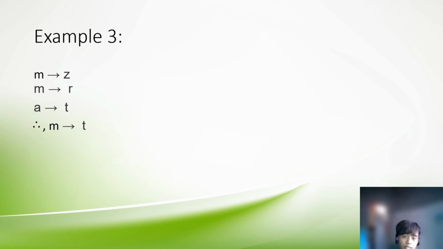Next is example 3. On premise 1, M links to Z, and premise 2, M links to R, followed by A links to T. Therefore, M links to T. Okay, let's check.